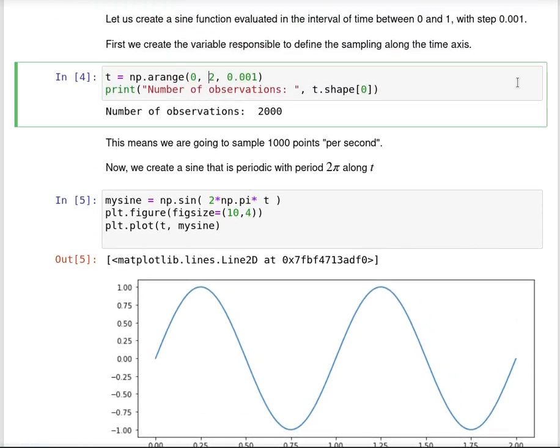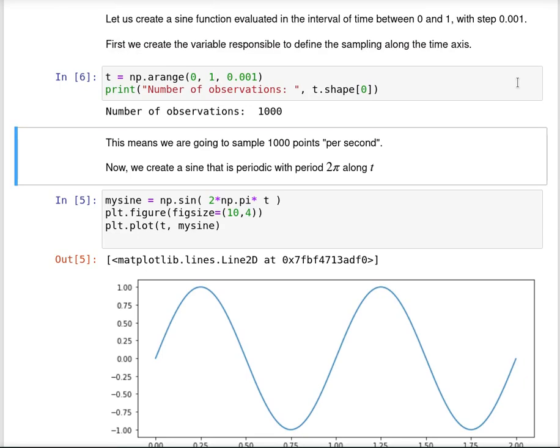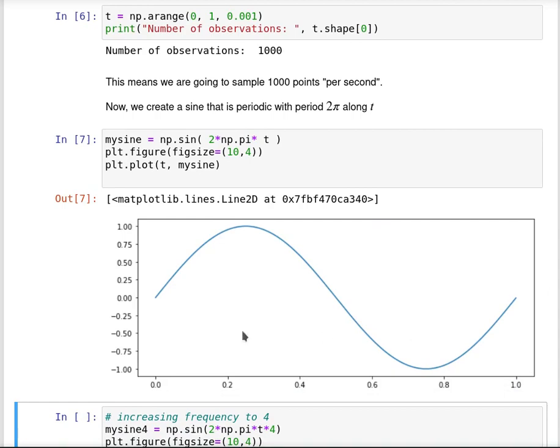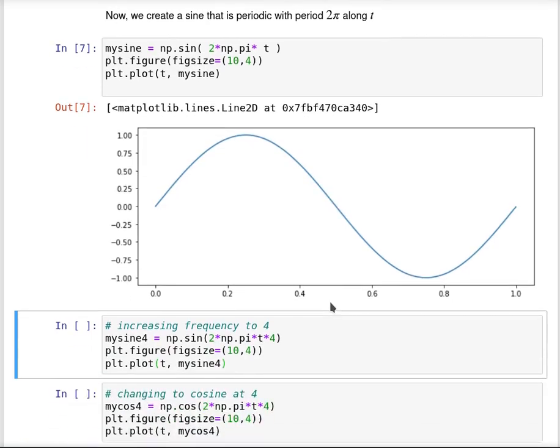But I just want to keep 1 here because I want you to understand the concept of having frequency in terms of seconds. So in this case, we have 1 hertz or a frequency equal to 1, because it's 1 repetition of the pattern along a time t between 0 and 1.